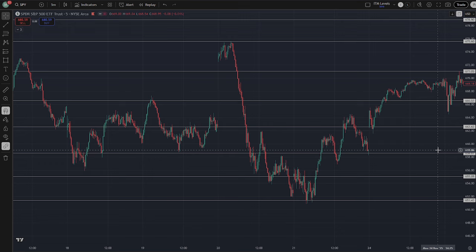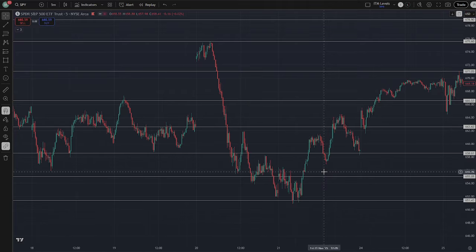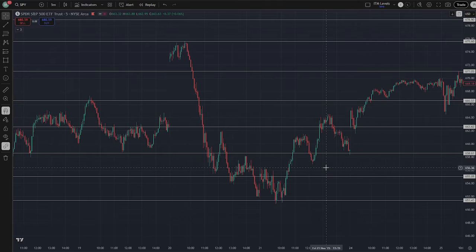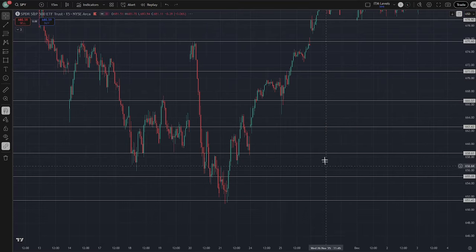This 659 level I had over here, I think I'm gonna move it down to 658.61. On the 5 minute, I like it a little bit more. Just makes a little bit more sense. Same thing right here.